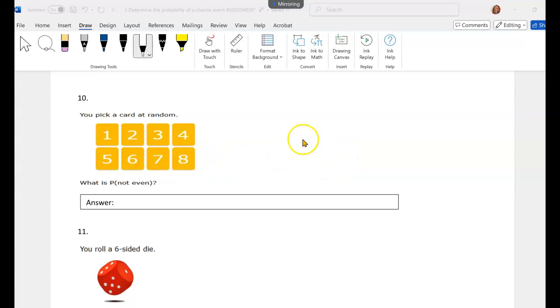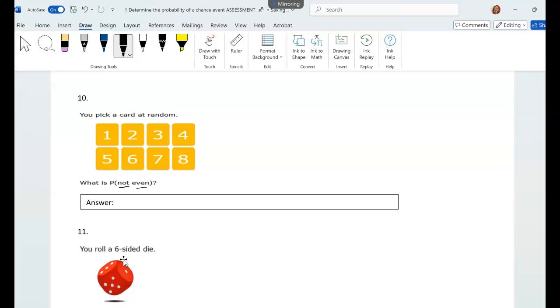And on your paper, we wrote the even numbers. I can write them here. Not even numbers. Not even. What is the probability of you picking a not even number?